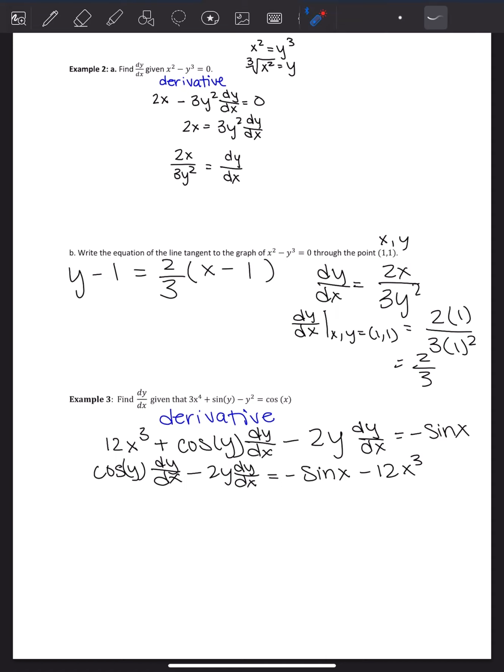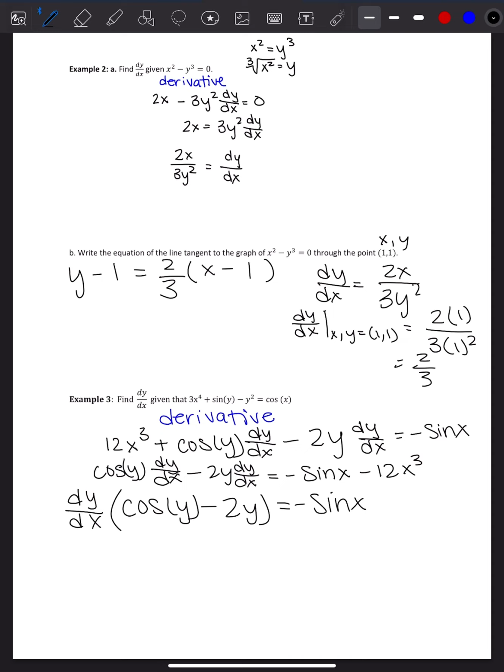We need to get these two dy over dx's to be one dy over dx. What do these two terms have in common? They have dy over dx in common. So we're going to factor out dy over dx from both. I'm left with cosine y minus 2y, which is equal to negative sine x minus 12x cubed.